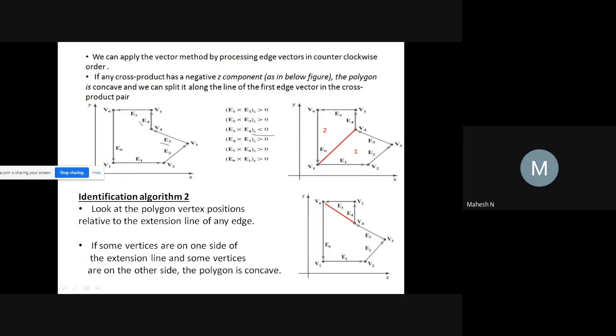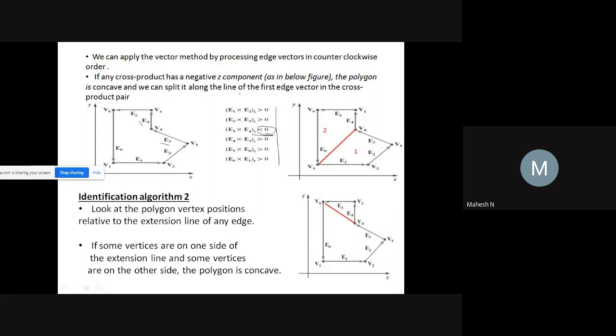When the cross product between these two edges turned out to be less than 0, I came to the conclusion that at least one of the cross products is less than 0. So my given figure is a concave polygon. It is not a convex polygon.